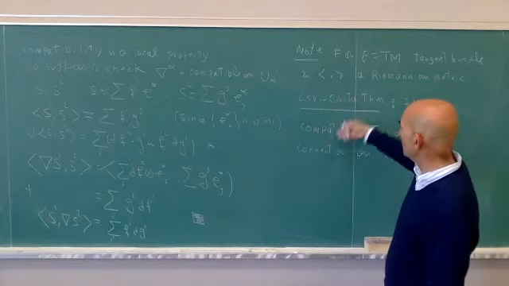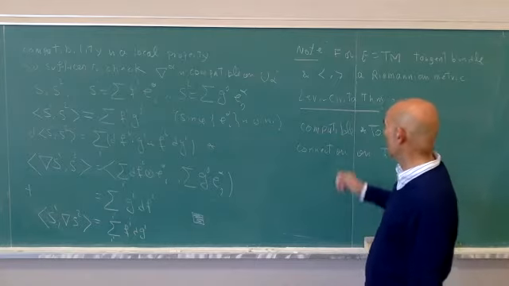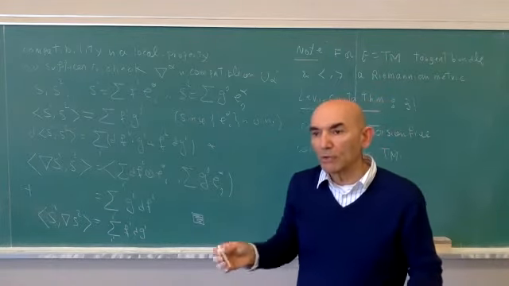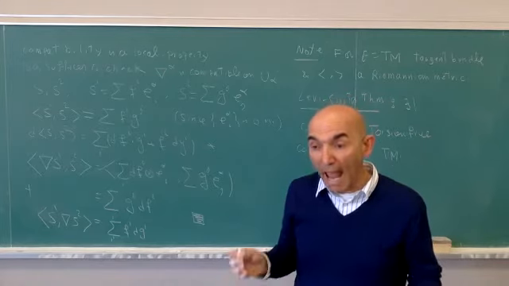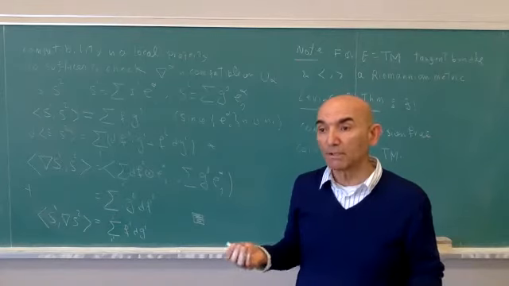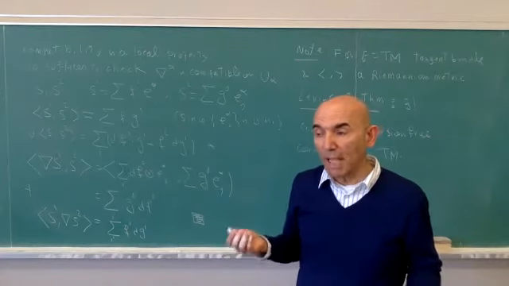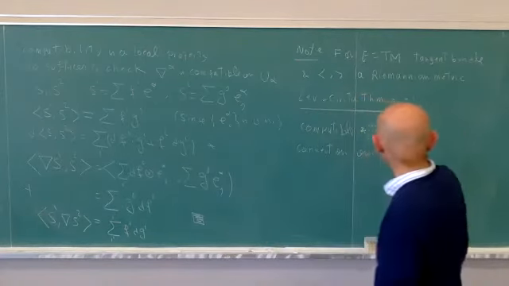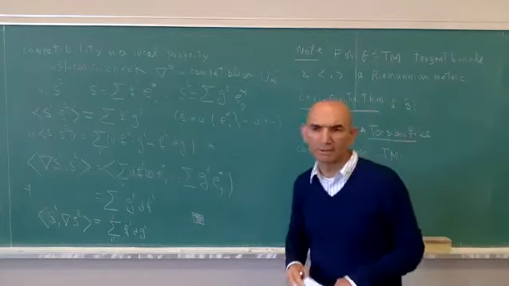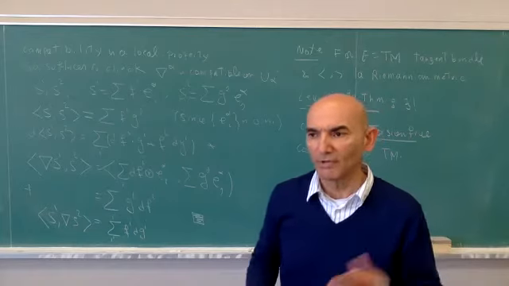This is the famous Levi-Civita connection: if you have a Riemannian metric, there exists a unique compatible and torsion-free connection. So both conditions are needed, compatibility and torsion-free. In that case there exists a unique one. So this is very nice. When you have uniqueness, of course, it's very nice.